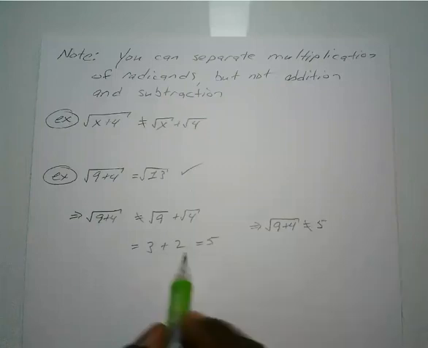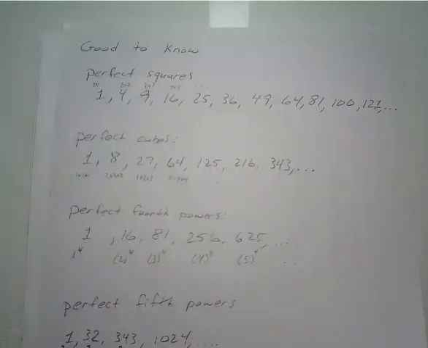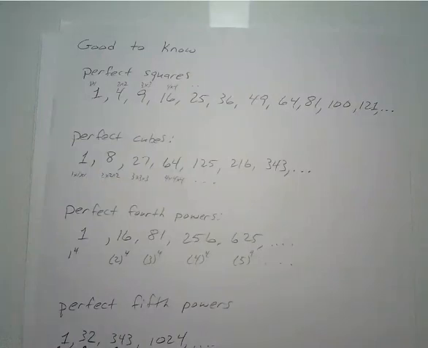Now I'm going to provide you with some good to know values. These are your perfect squares. You don't have to memorize them, but it's good to know at least the first 4 or 5.